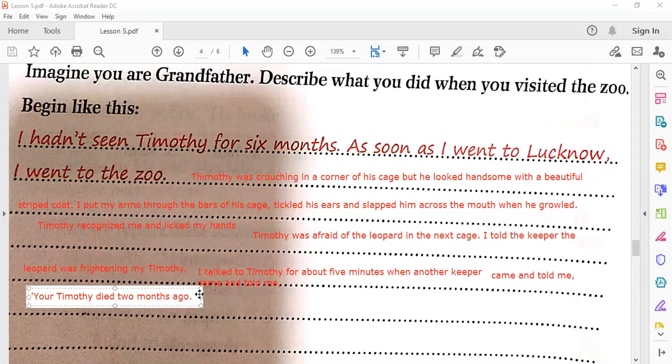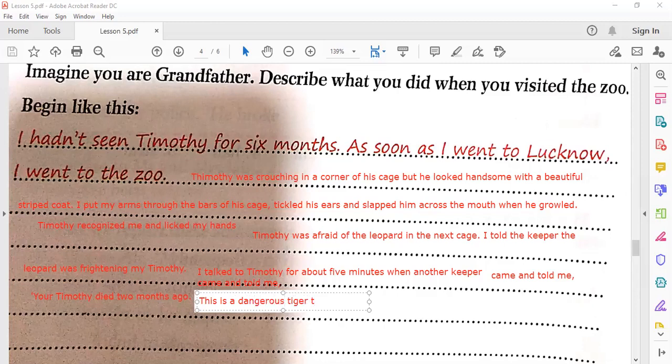This is a dangerous tiger, a tiger that was trapped in the hills last month.